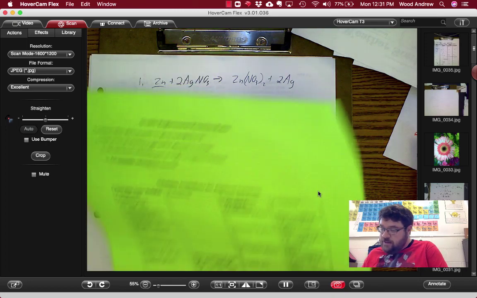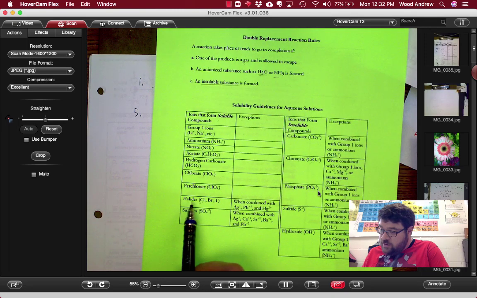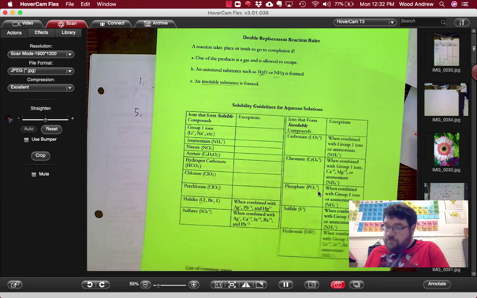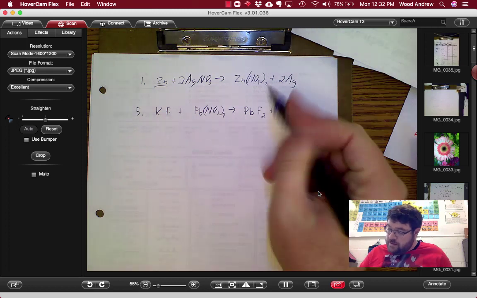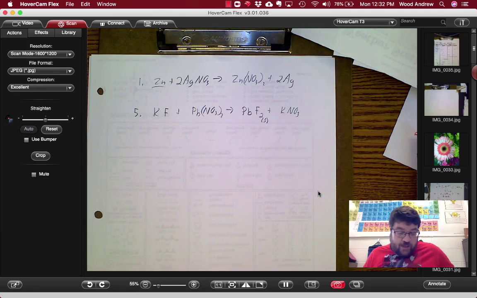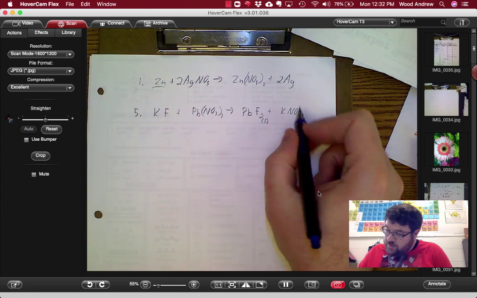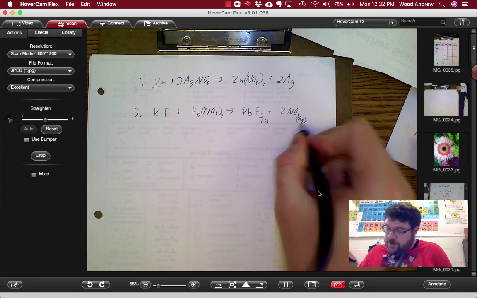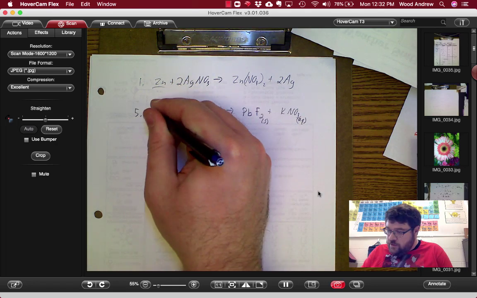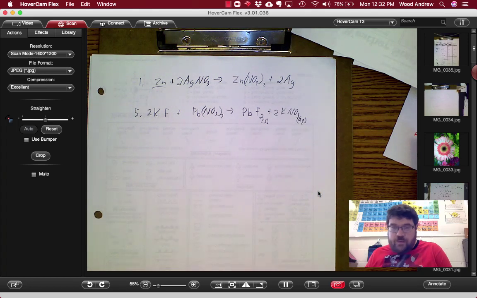So look at my halides here. Halides are all soluble except the lead 2 ion. Okay, so this would be a solid. So that means this will occur. Potassium nitrate would be aqueous, but it hardly matters at this point. All right, so balancing. Need a 2 here, need a 2 here, and we're balanced.